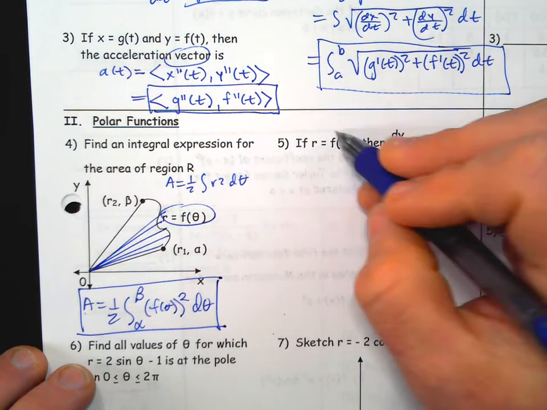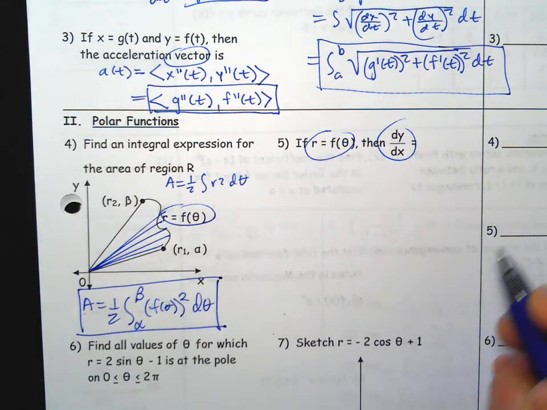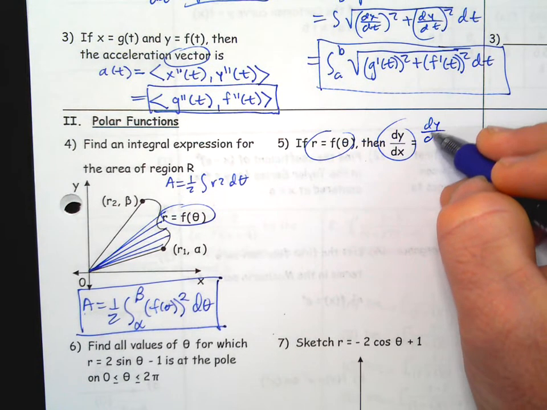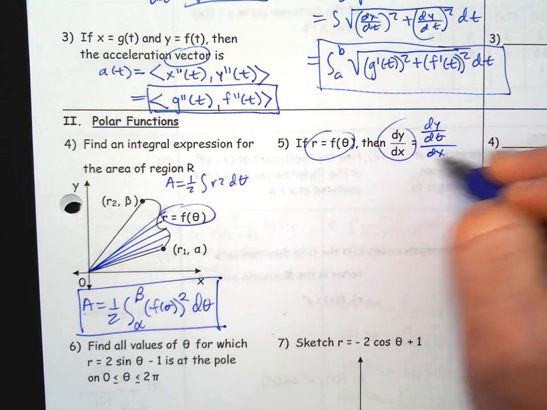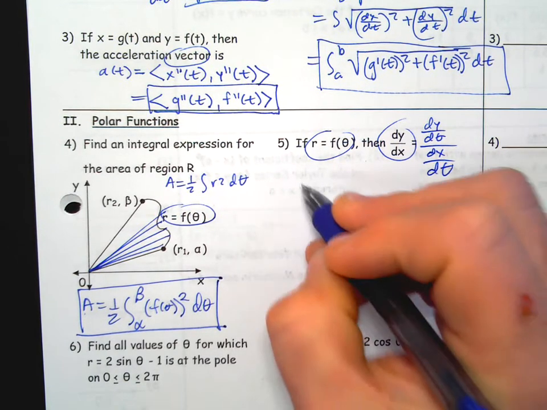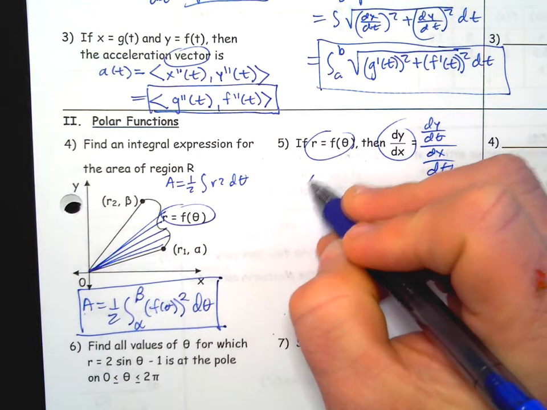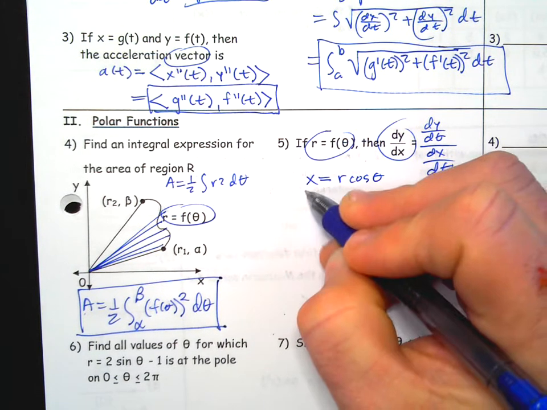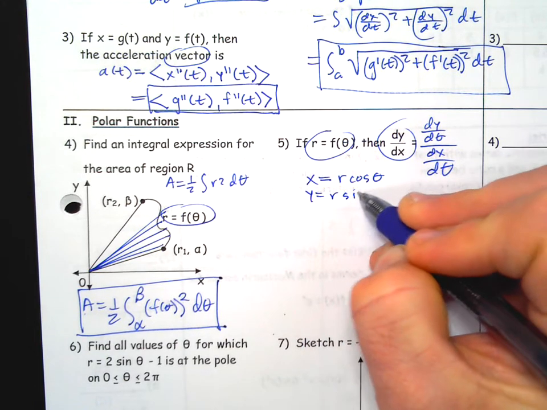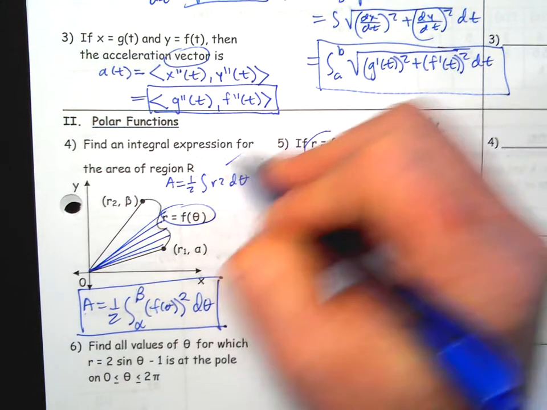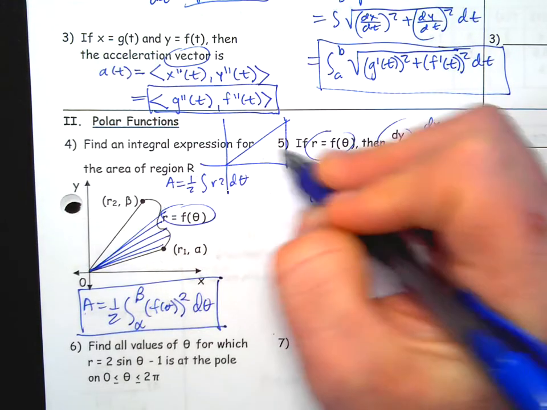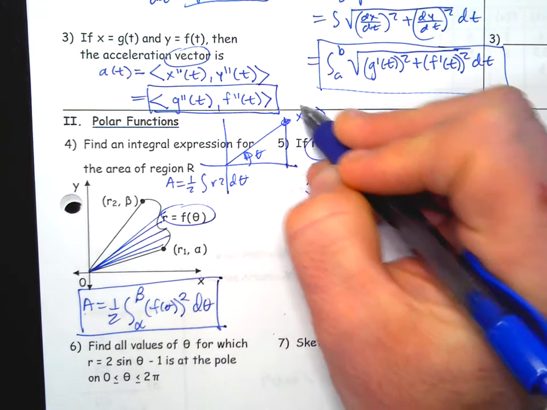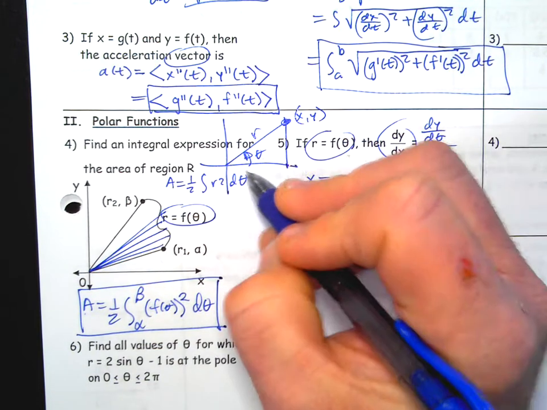If r equals f of theta, then dy/dx equals what? So that's going to be dy/d theta over dx/d theta. And we have to remember that in polar, x equals r cosine theta and y equals r sine theta. If you don't remember how this works, this is theta, this is your xy coordinates in Cartesian, this is r.